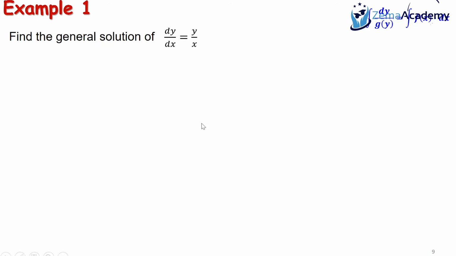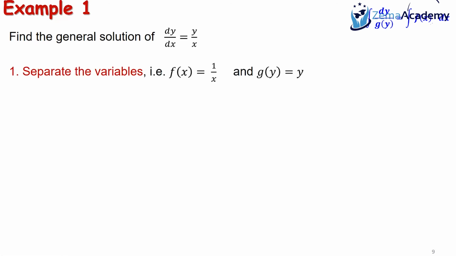In order to find the general solution, I have explained those 4 steps in the previous slide. The first one was to separate the variables. So separating the variables means on the right hand side you separate out the x and y. So f(x) is 1 over x and g(y) is equal to y. This is what we did in the previous slide.